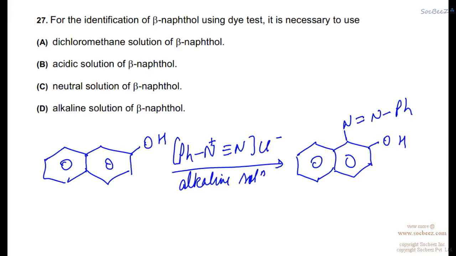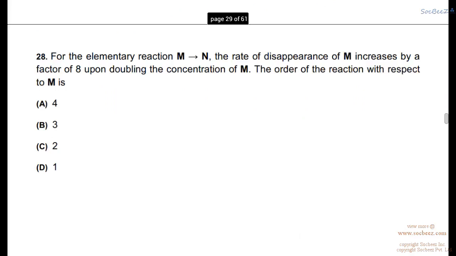Okay, so the correct option here is D, the alkaline solution of beta-naphthol, in order to keep the equilibrium in the forward direction. So now let's move on to another question.